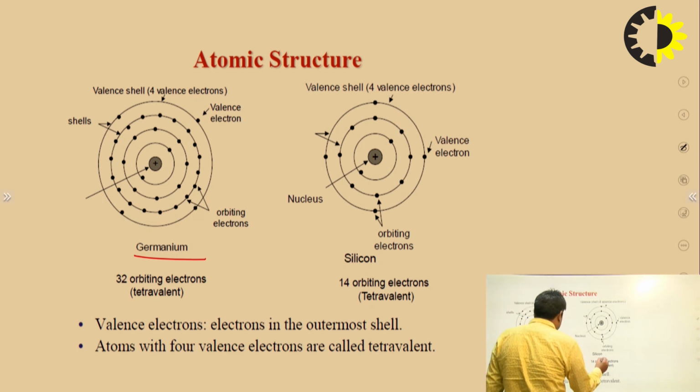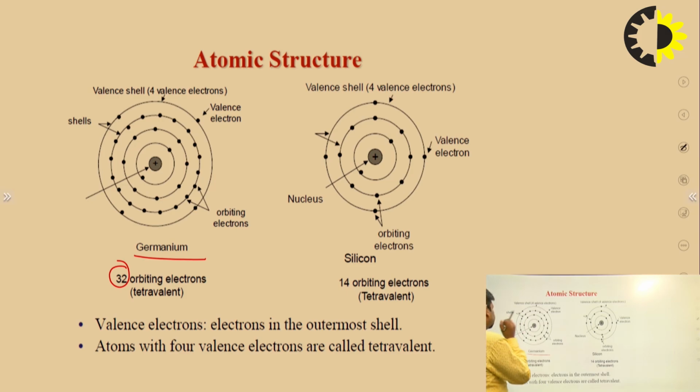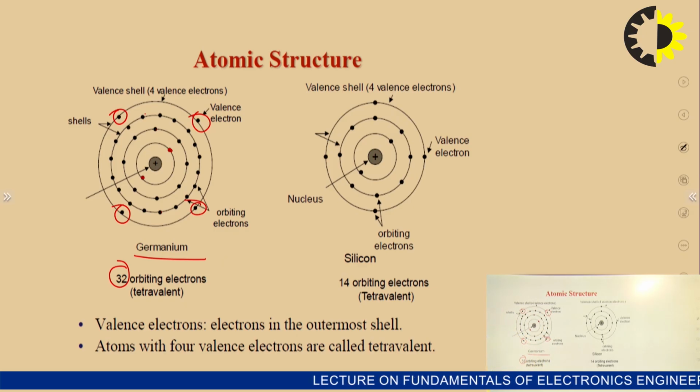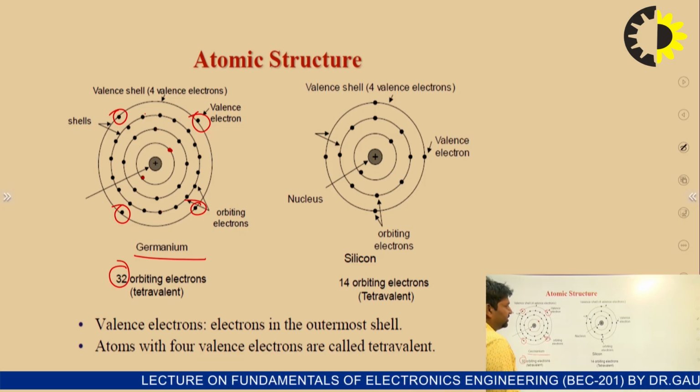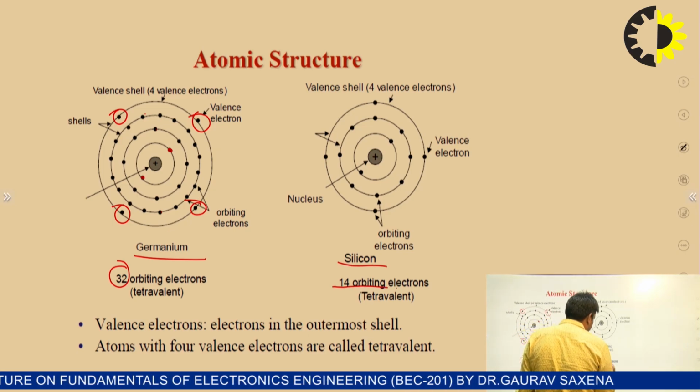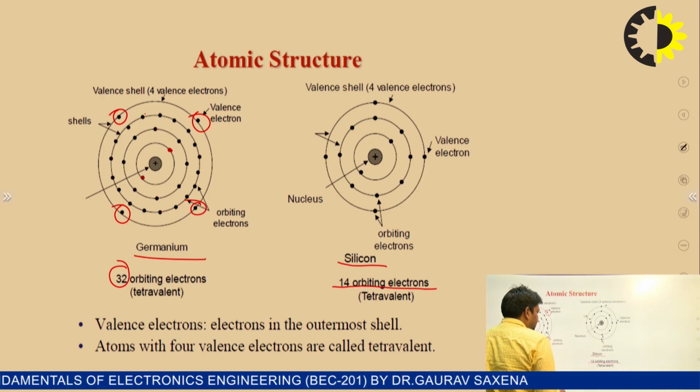So what is the atomic structure of germanium and silicon? We know that germanium has 32 electrons, so the valency is 4: 2 electrons, then 8, then 18, and in the outermost orbit we have 4 free electrons. So we can say germanium is a semiconductor. In silicon, there are 14 orbital electrons, and it is tetravalent.